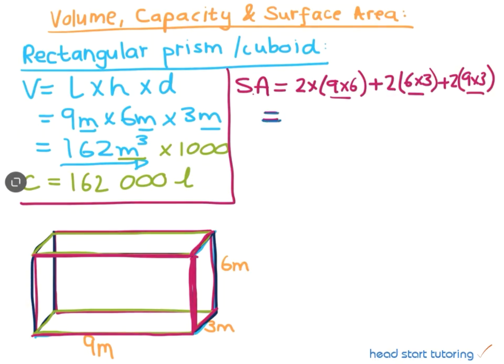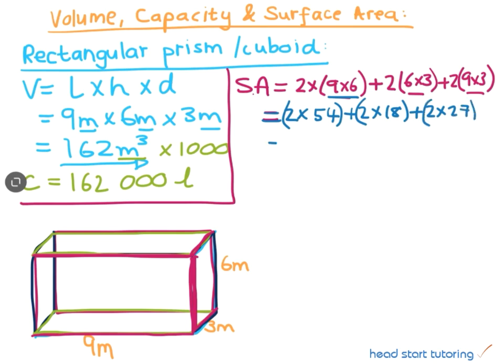So that equals 2 multiplied by 9 times 6, which is equal to 54. And then we add 2 multiplied by 6 times 3, which is 18. Then we add 2 multiplied by 9 times 3, which is 27.